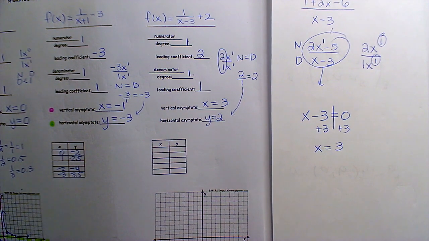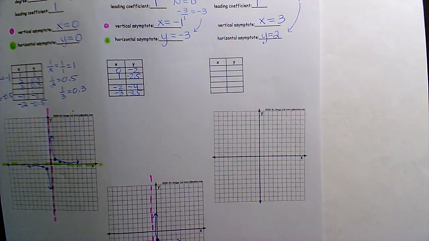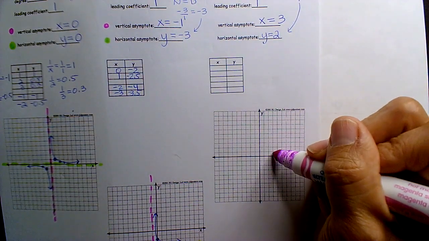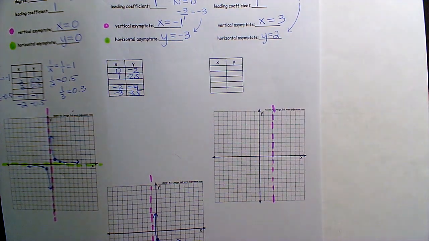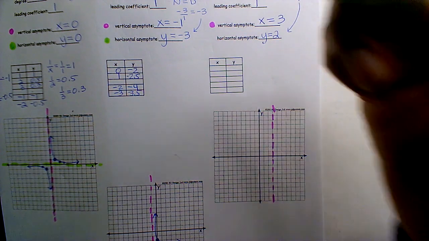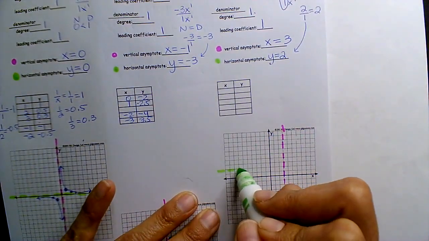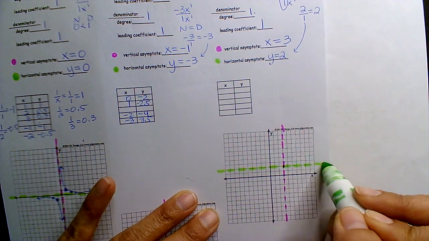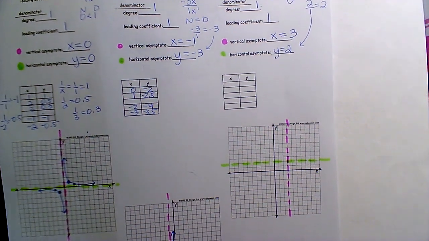All right, so let's plot these. Okay, so we have x is equal to 3. There's my vertical asymptote. And then my horizontal asymptote is y equal to 2.